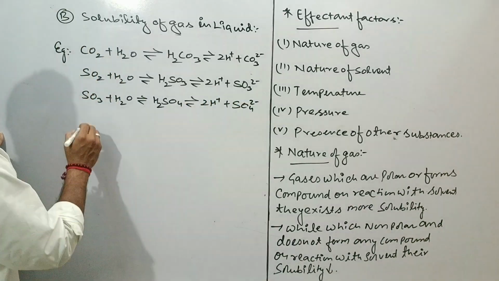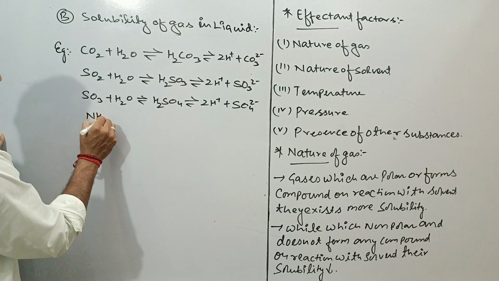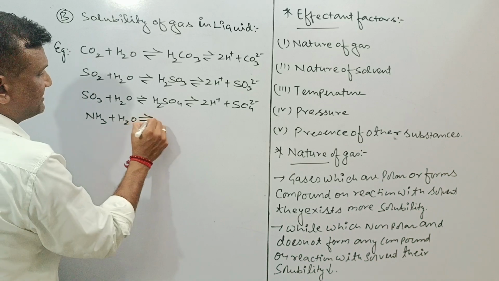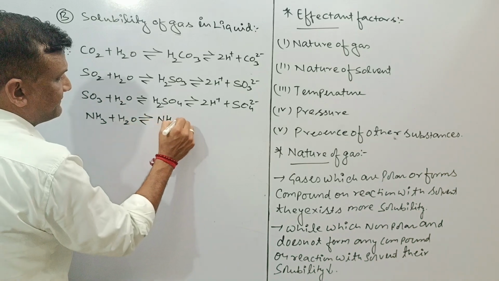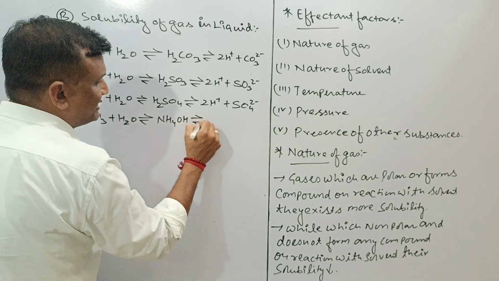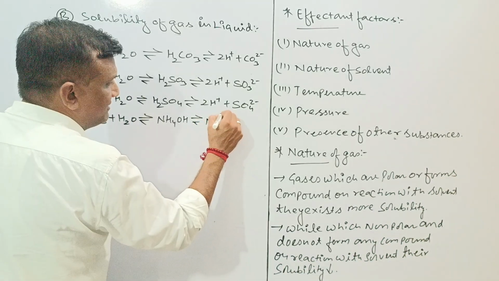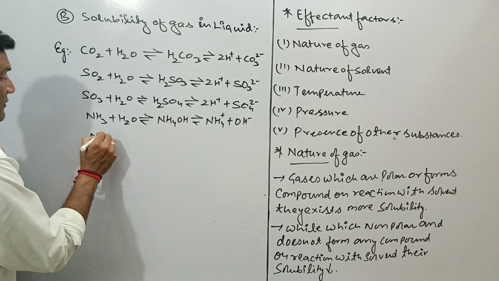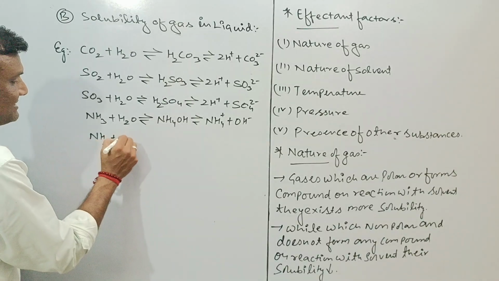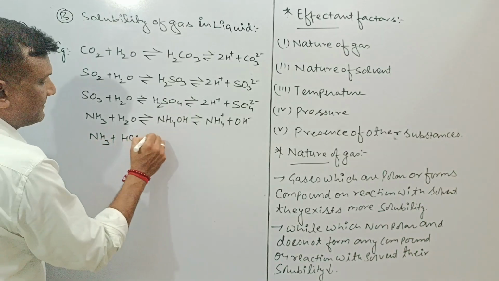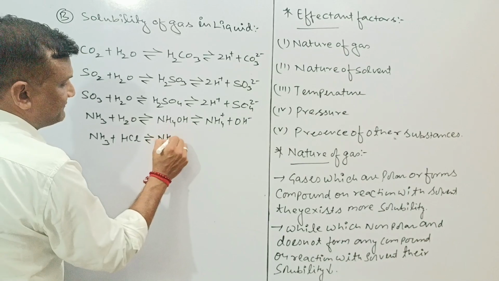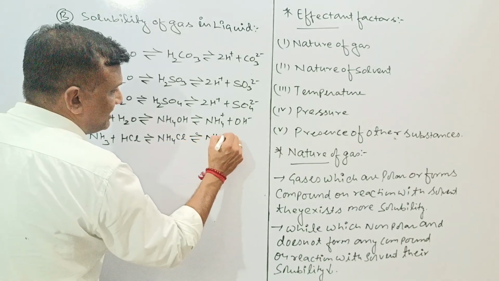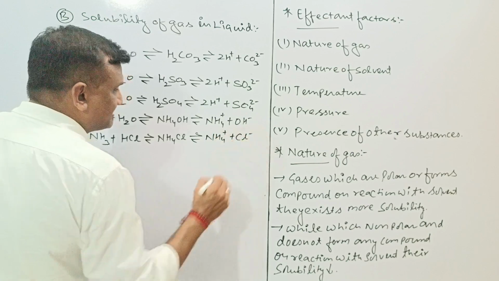If we go with NH3 in water, then there will be formation of NH4OH, which further dissociates into NH4+ and OH-. If we go with the solubility of NH3 in HCl, there will be formation of NH4Cl, which dissociates into NH4+ and Cl-.